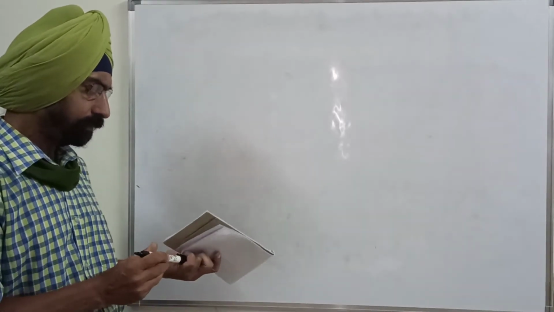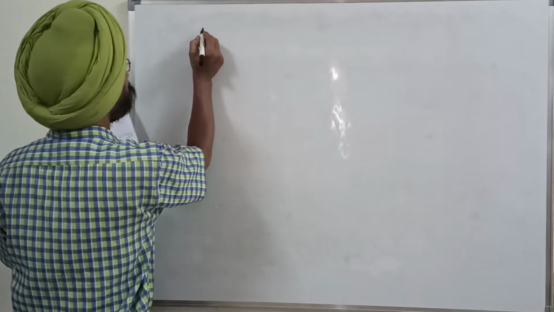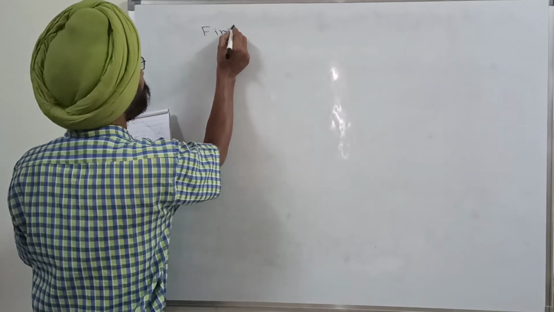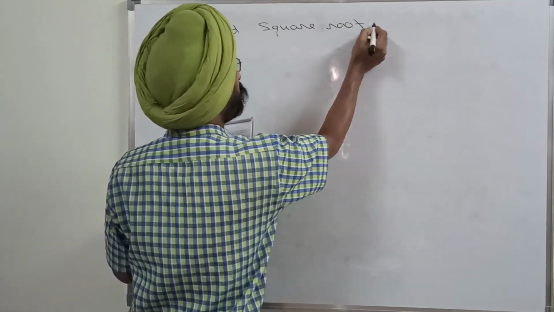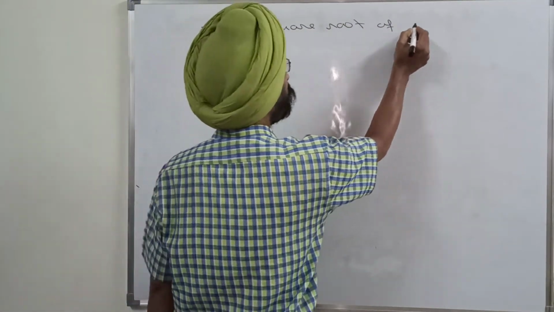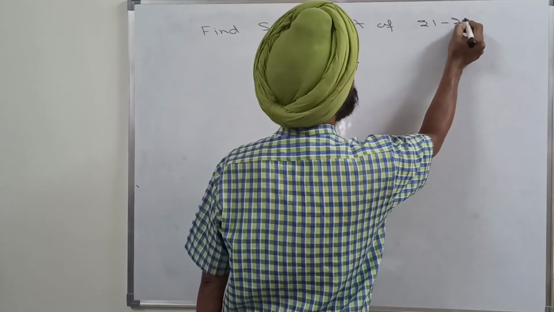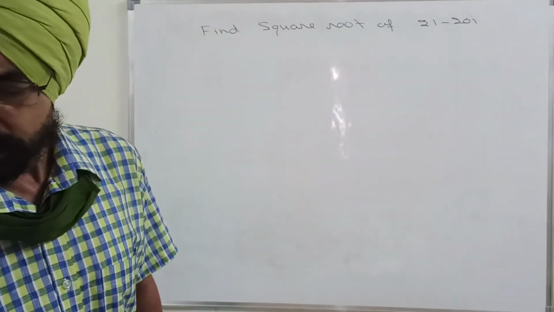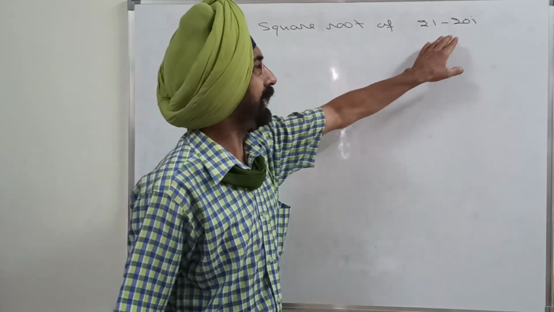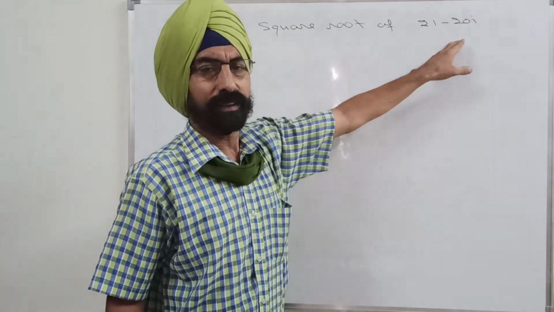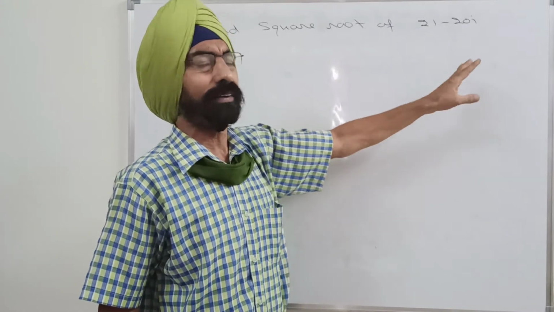Another question is, find the square root of 21 minus 20 iota. Now, one thing is clear, if a complex number has an imaginary part that is negative, its square root will also have a negative imaginary part.